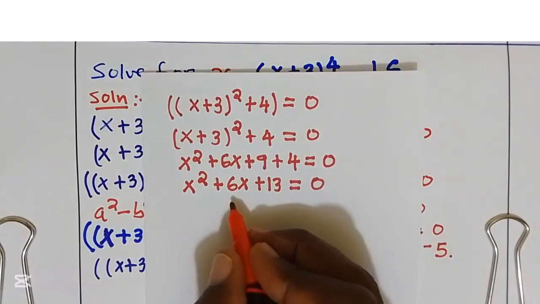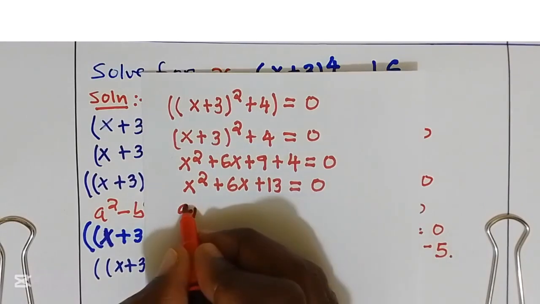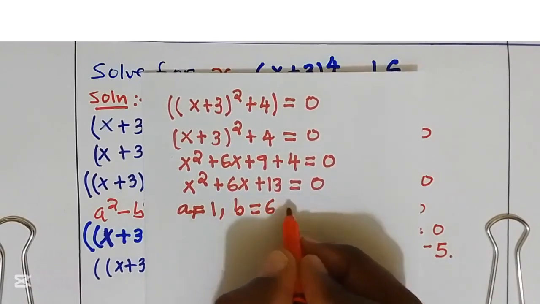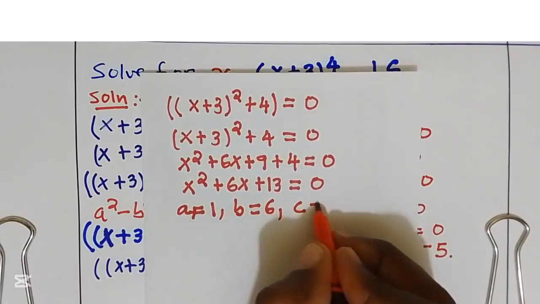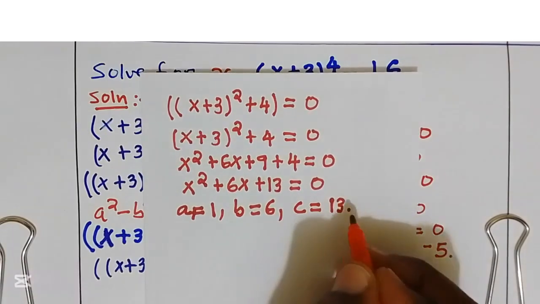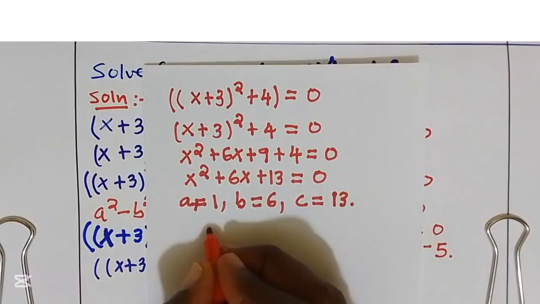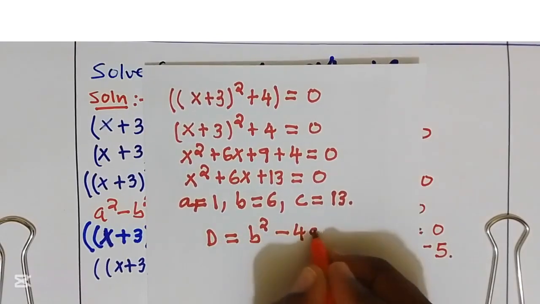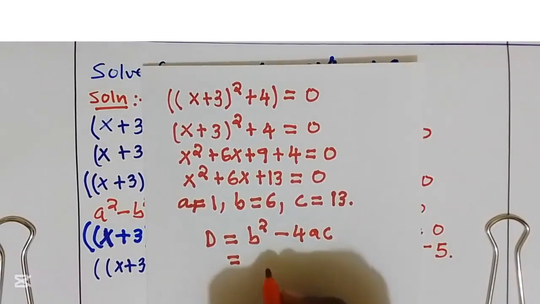Let us test the discriminant to see if we have a real root or a complex root. a is equal to 1, b is equal to 6, and c is equal to 13. Discriminant is given by b^2 - 4ac.